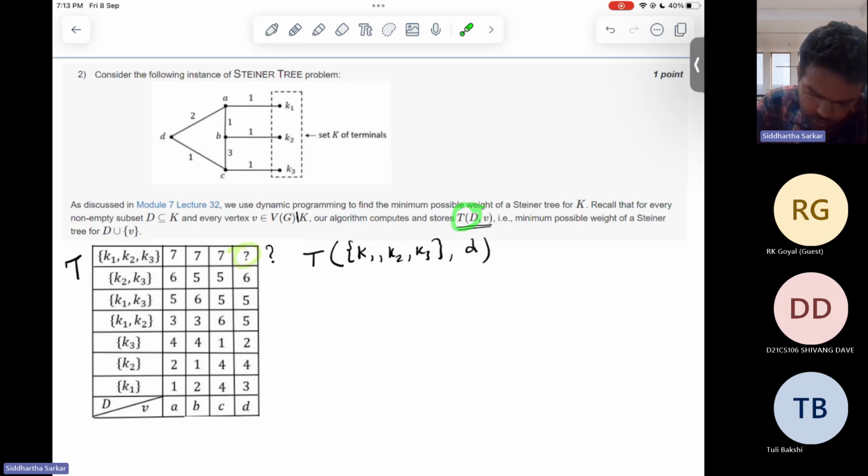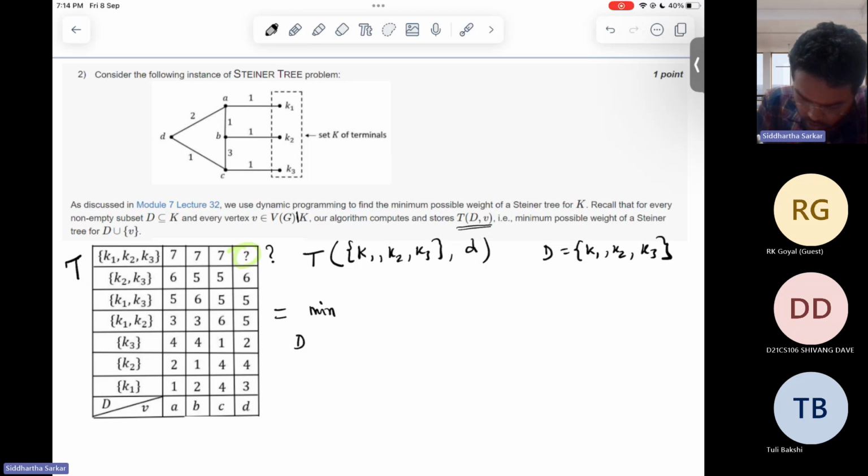So T of this thing will be equal to the minimum over, you consider a partition of T. In this case, T is K1, K2, K3, the set of terminals.